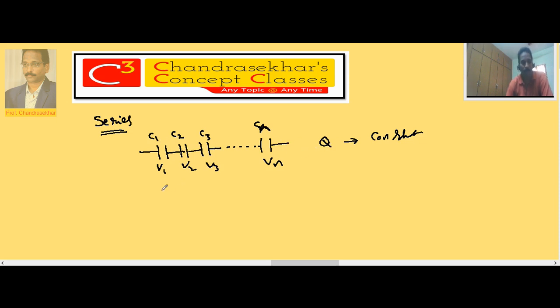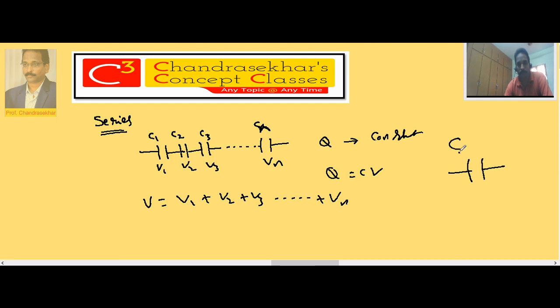Now we know that Q is equal to CV, and the total potential is always equal to the sum of the individual potentials. That means if I replace all these things with a single capacitor, say CS, the equivalent capacity in series, let V be the potential difference across the two terminals.